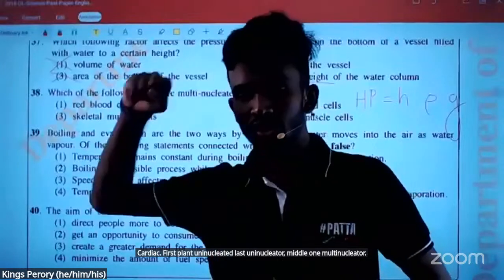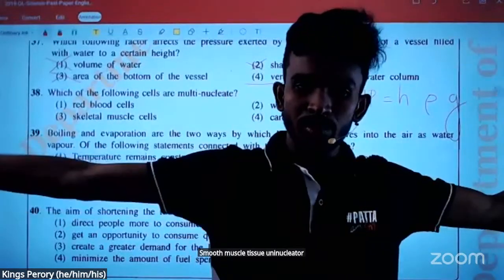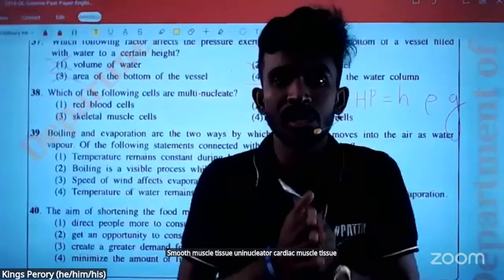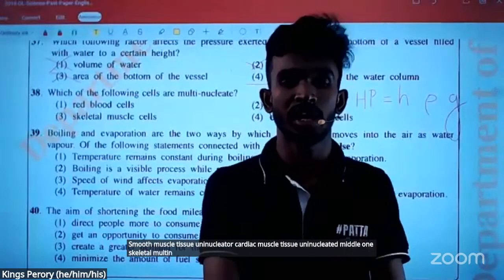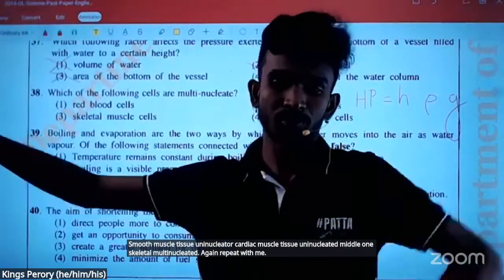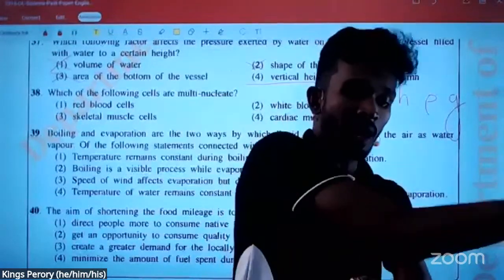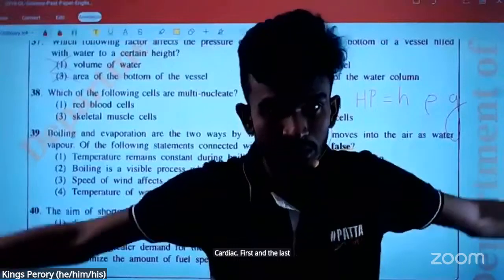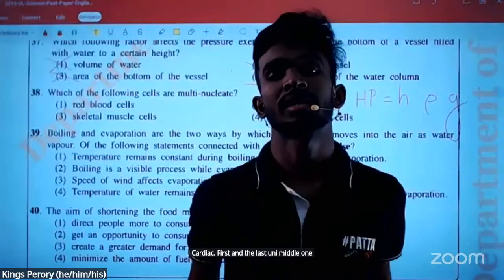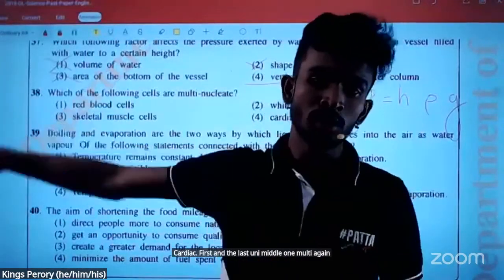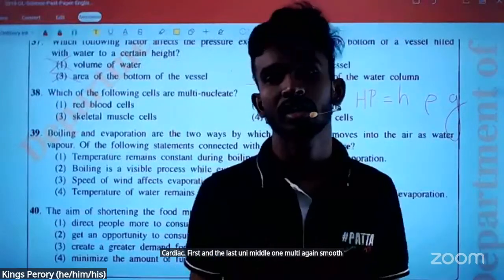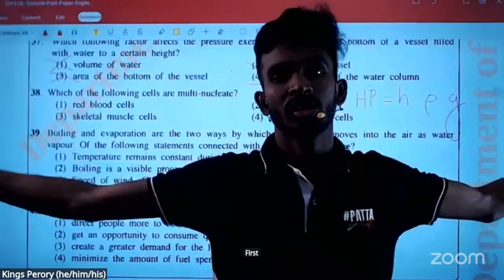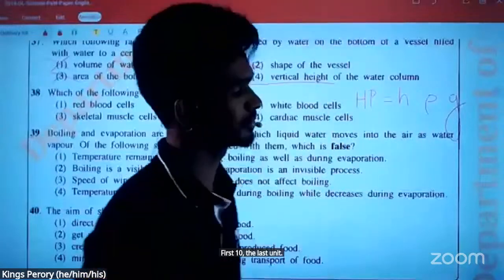Smooth muscle tissue uninucleated, cardiac muscle tissue uninucleated, middle one skeletal, multinucleated. Again, repeat with me. Smooth, skeletal, cardiac. First and the last uni, middle one multi.